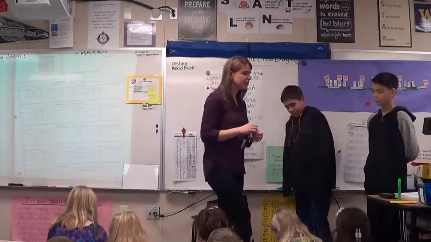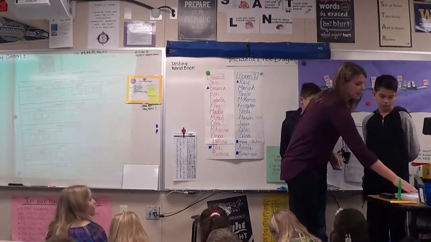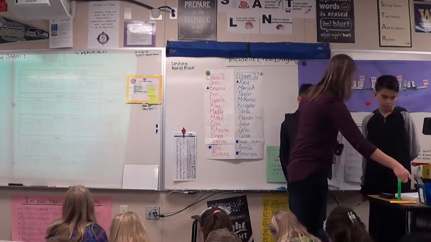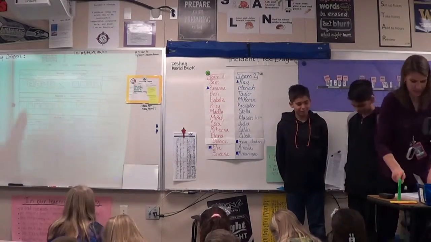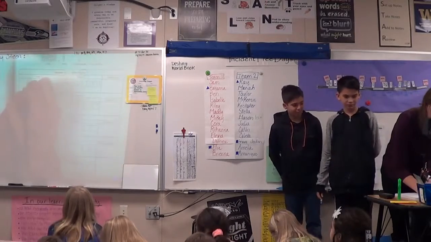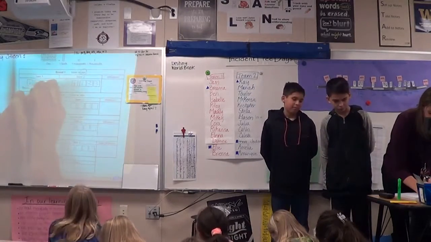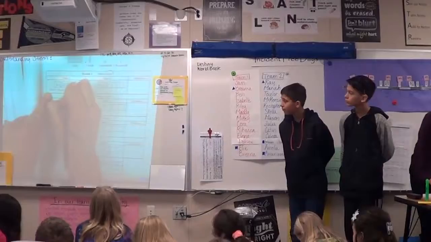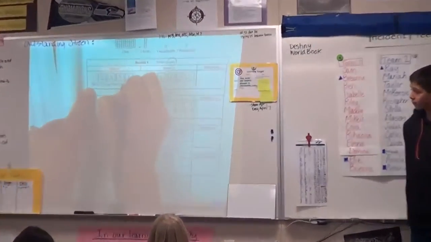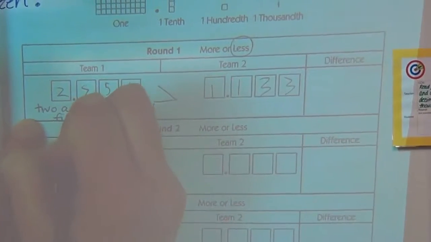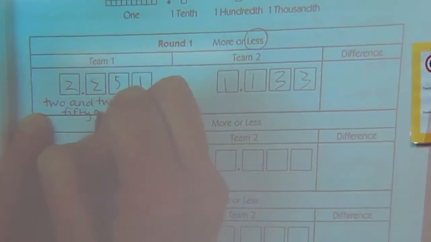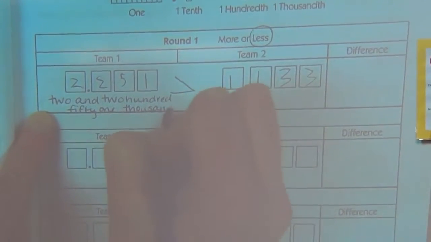Okay, so we're going to write in words the numbers. Sam, you want to write? You don't want to write. Okay, so this we would write 2 and 251 thousandths.